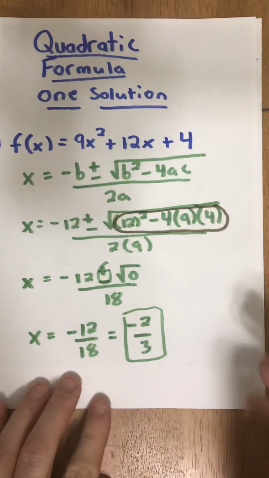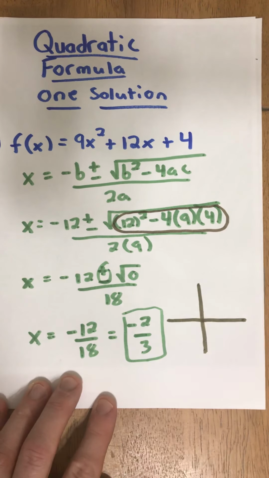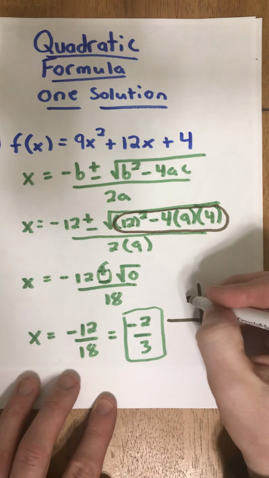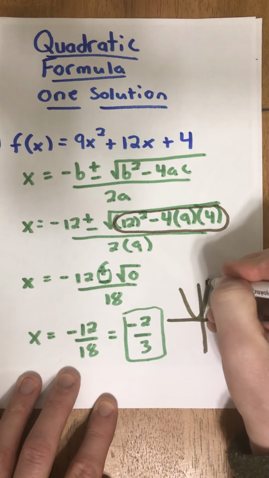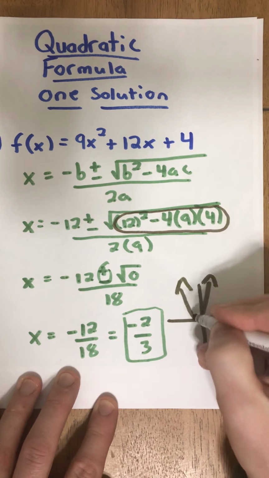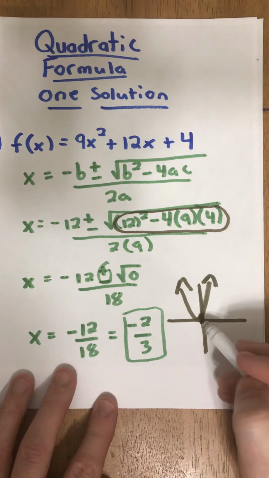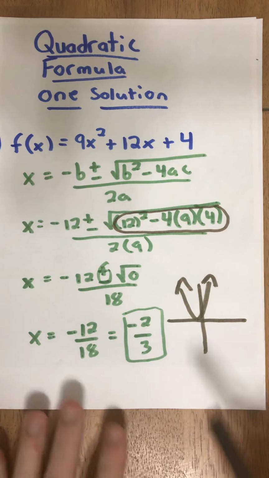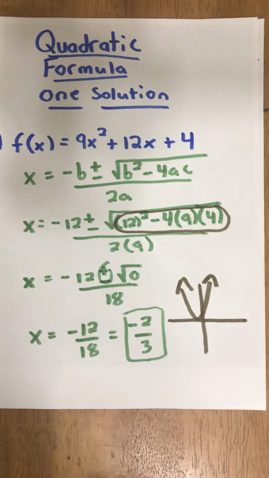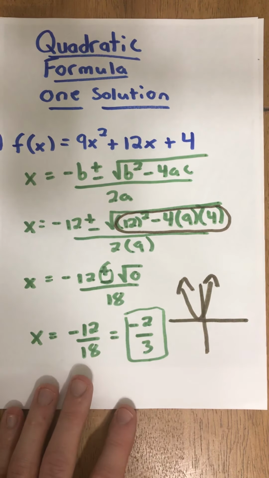If we were to look at a graph of this, this is just going to be a rough sketch here, but our parabola would look something like this. This here would be our negative 2/3. So notice it's only crossing the x-axis at one spot. So we sometimes say that this is a quadratic with one solution. That one solution is negative 2/3.